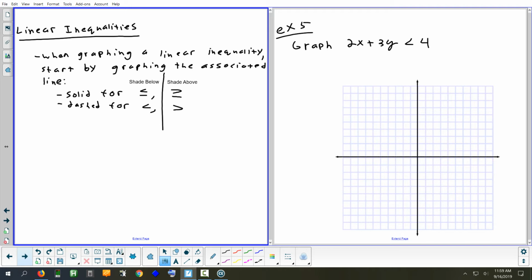Get y by itself. Draw my line. And then I would end up shading under. But that's how you would do that one. We can look at one of those tomorrow if we want. Okay, so I know that second section had a lot of stuff in it, but I hope like slope, rise over run, most of that's from Algebra 1.